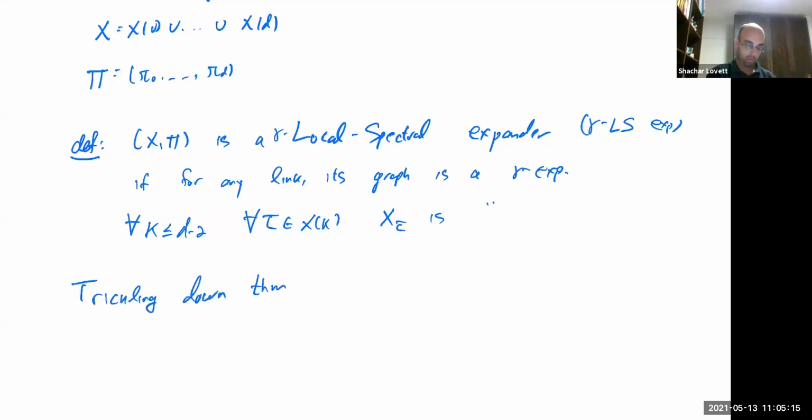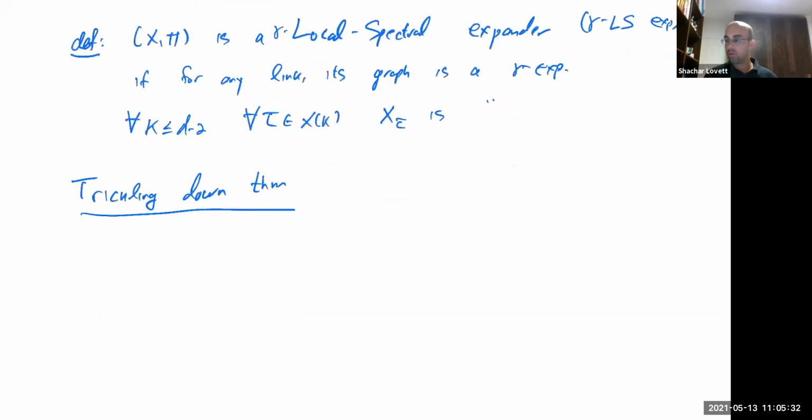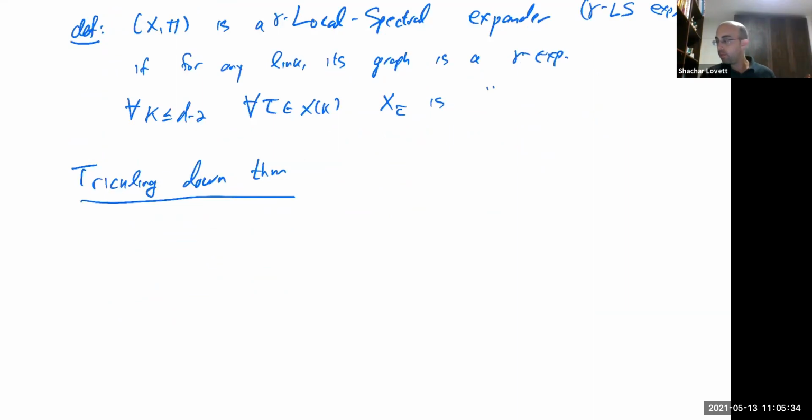Okay, and then the main thing we're proving is the trickling down theorem by Oppenheim, which says that a sufficient condition is that all the top level or maximal graphs, the ones for k equal to d minus 2, are gamma expanders, and also all the bottom ones are merely connected. So again, we just write the theorem. Assume that X pi is also going to be this d-dimensional thing.